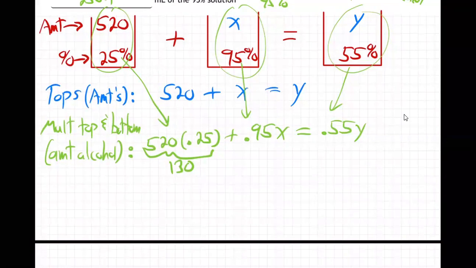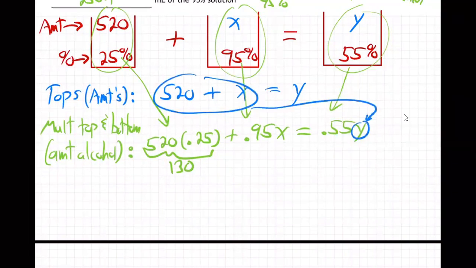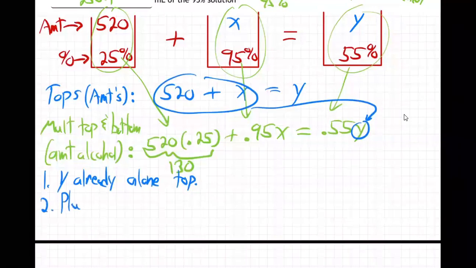In fact, y is already alone here. So just grab this right here and plug it in for y right there, right? So step one, y is already alone in the top. Plug y into the bottom. Okay, so what are we going to get then? This is going to be 130.